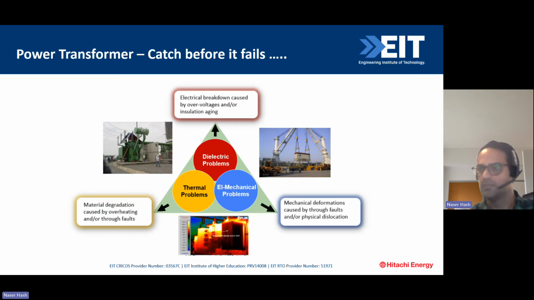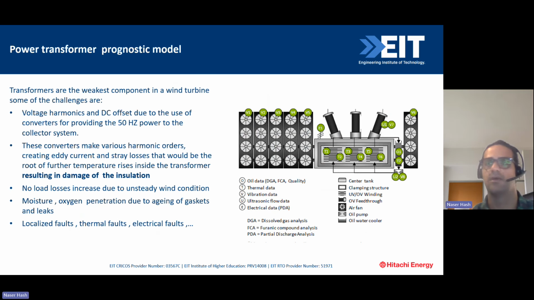On top of that, we have a transformer also in the turbines. That's a very important component, because the generator produces the voltage and power, and we need to transfer it. For that one, again, the power transformers may fail, so we need to analyze the data as well.